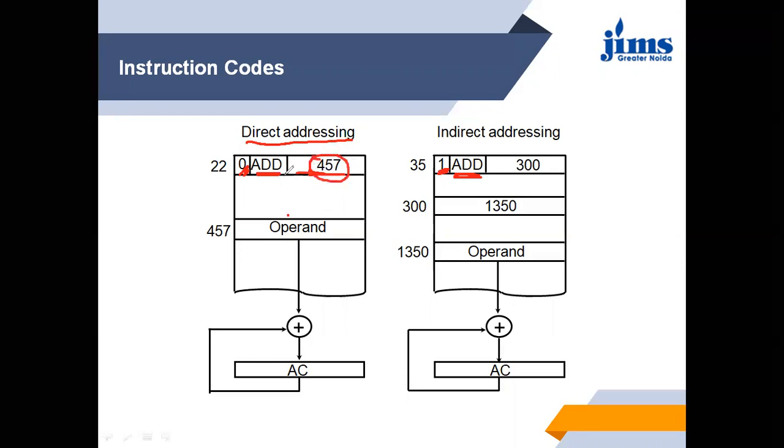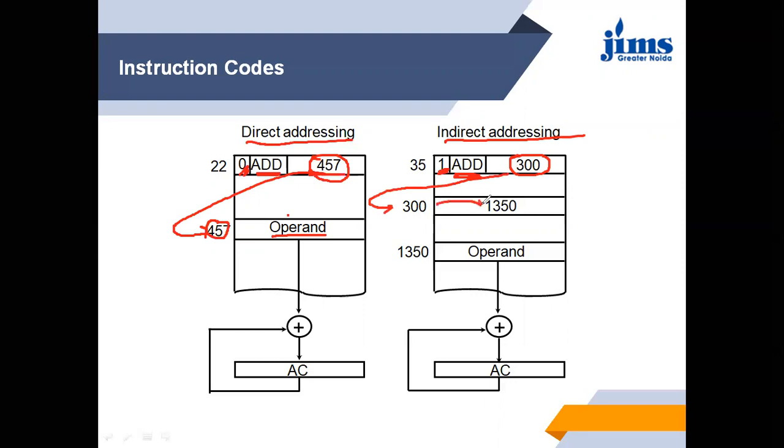So directly it will approach location or address 457 and read the operand from there. But in direct addressing mode, when address 300 is given over here, first it will search for address 300, then it will see whatever is written over here.